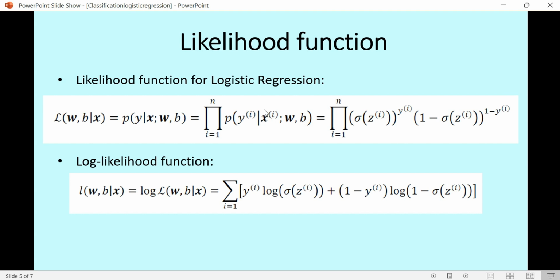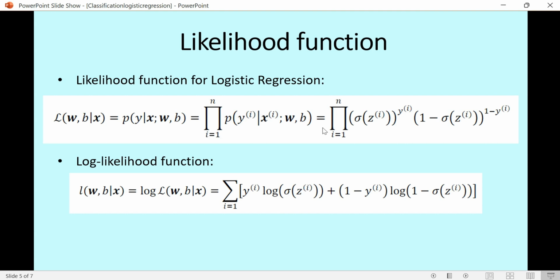Given the information, the features, and the parameters we estimate, we get the observed y value. If we make this product over all the samples as big as possible, that is what we want to see. It means the model performs better, right? We have a model, we know the features, and we estimate the parameters. Then from this information, the positive event probabilities will be as close as possible to the observed values.